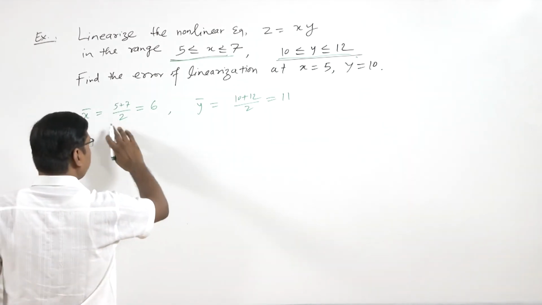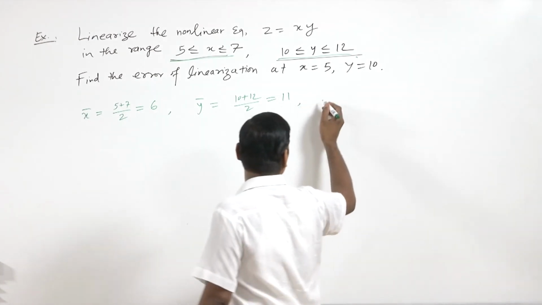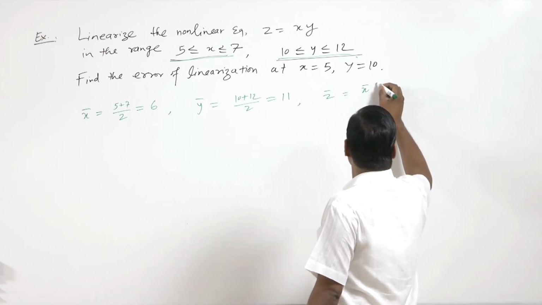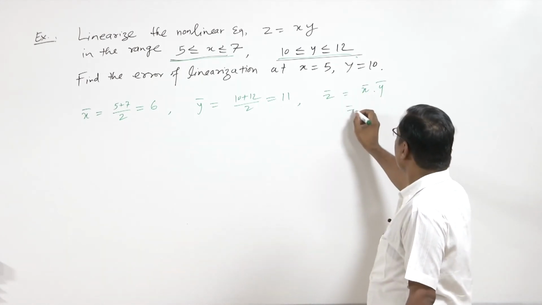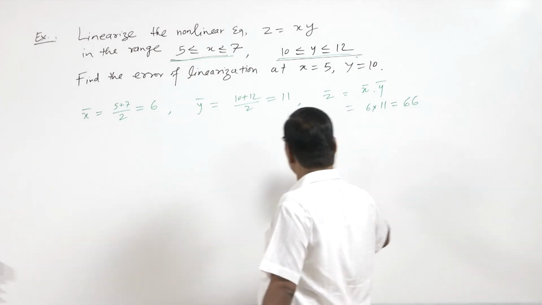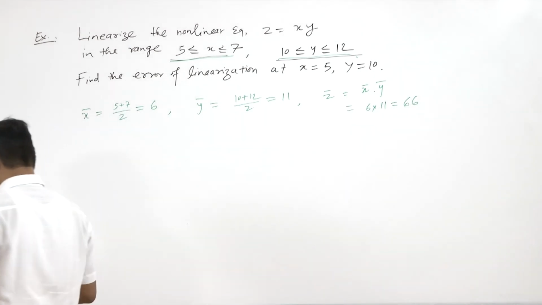Now, corresponding to this point, z equal to x bar into y bar. So, it is 6 into 11, that is 66. So, we are getting z bar as 66.